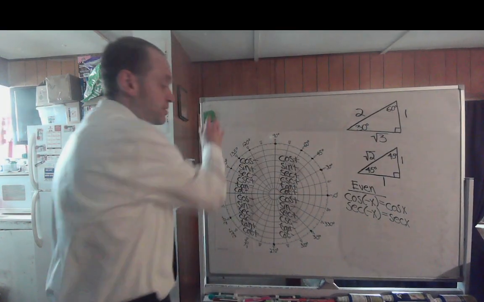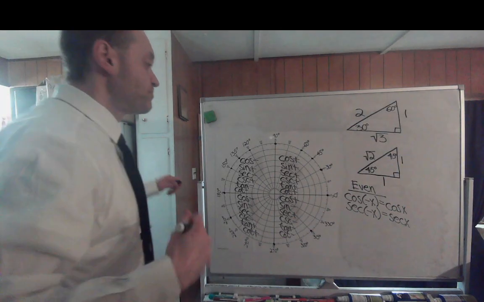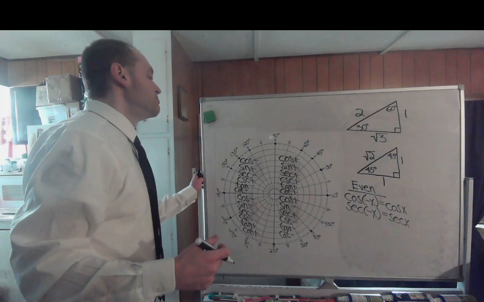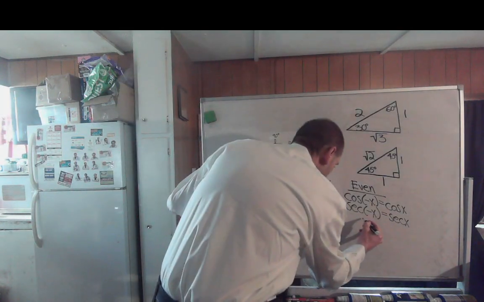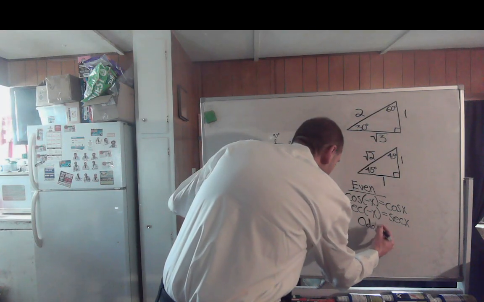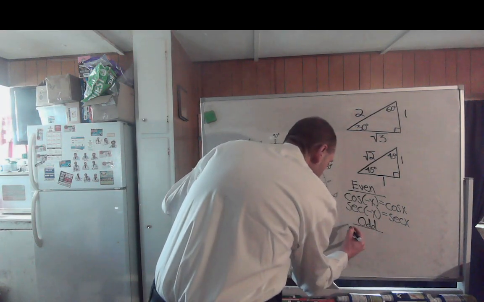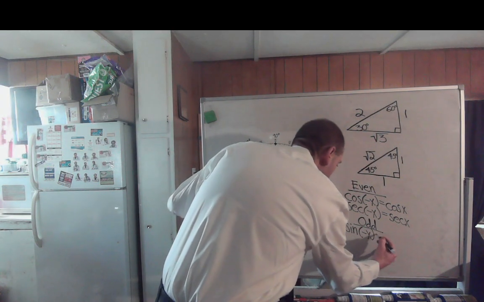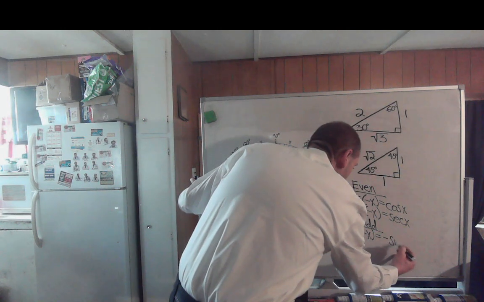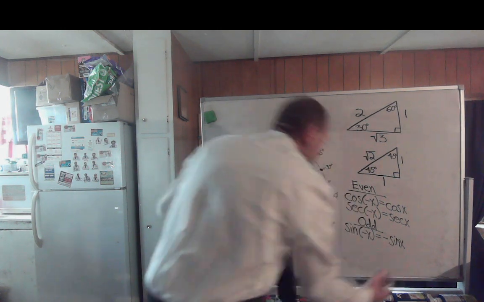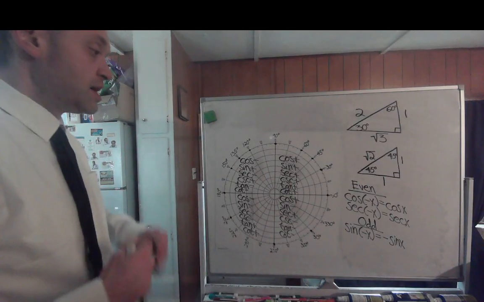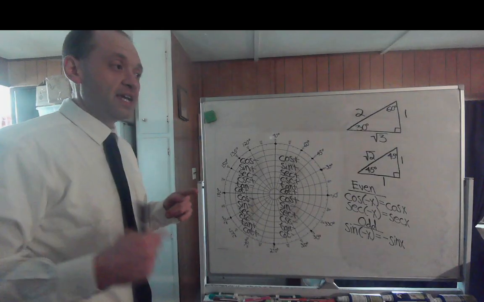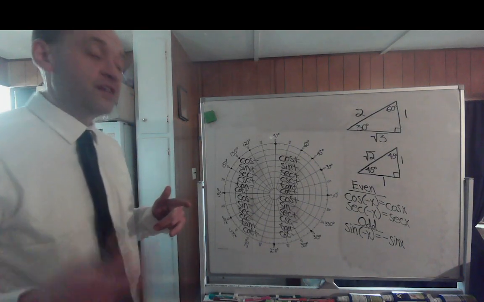Now, let's say we have odd functions here. Let's start with sine. So if I took the sine of negative x, I'm going to get negative of the sine of x. So of course, definition of an odd function is if you take f of negative x, you'll get the negative of f of x.